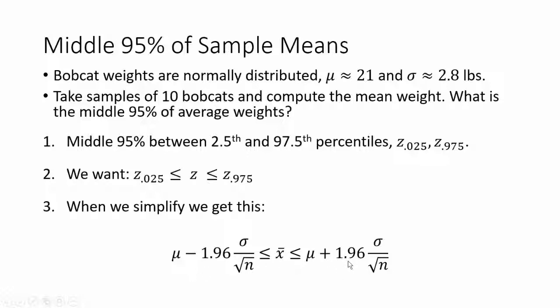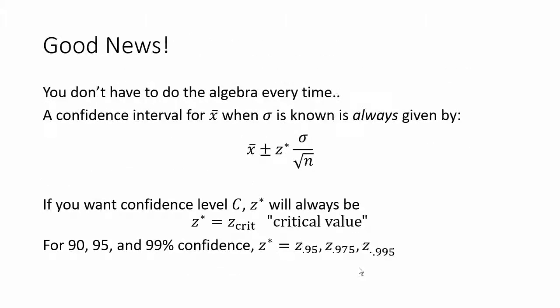Before I do this, I want to put your mind at rest. This looks pretty complicated the first time you see it. It turns out that it's not hard at all to work with, and the other good news is you don't have to do the algebra every time.